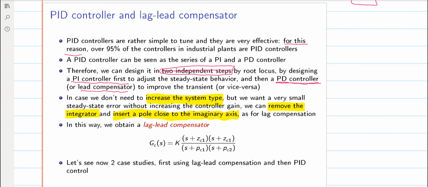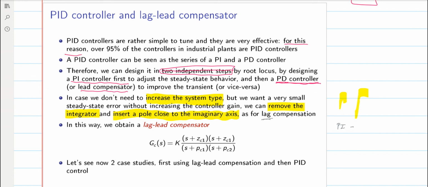This is what we were doing with the PI controllers, where we had the pole at the origin, and we moved the pole towards the left-hand side on the real axis, and over there we were obtaining the lag compensator.